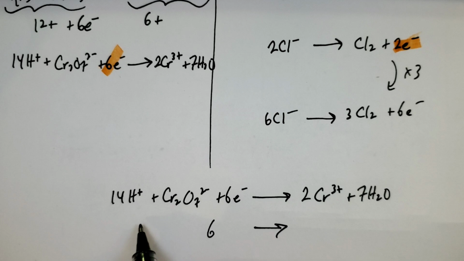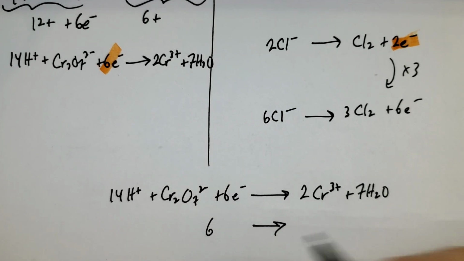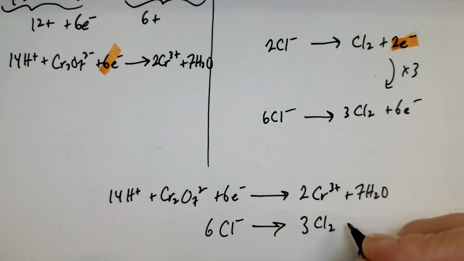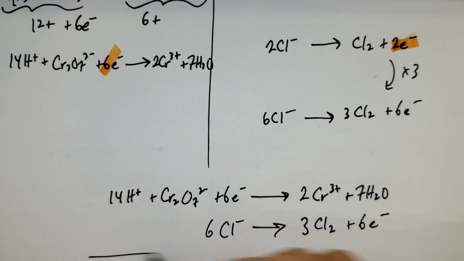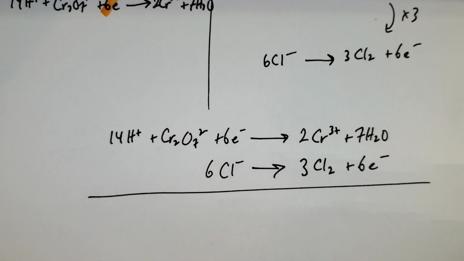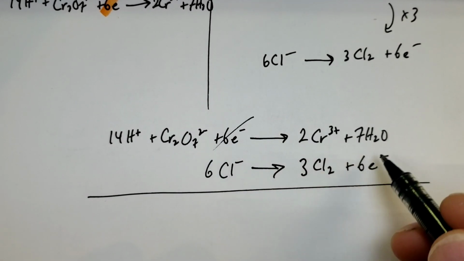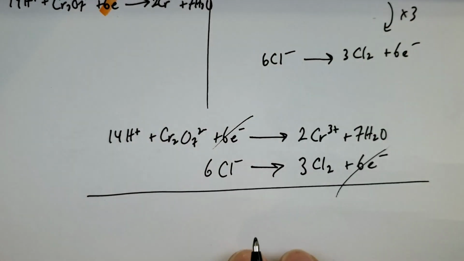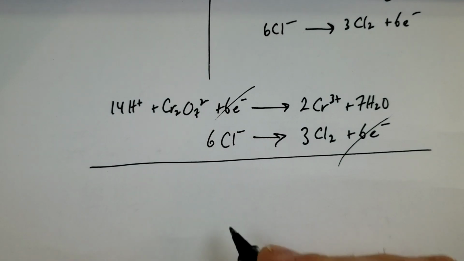Because if you start writing the 6Cl here, then this arrow's over here, then it may be difficult to see what's reactant, what's product. But if you line up the arrows, it makes it a heck of a lot easier. So cancel like items on either side. 6 electrons on the left, 6 electrons on the right. Those were used to help figure out the balancing, but now we can get rid of them.